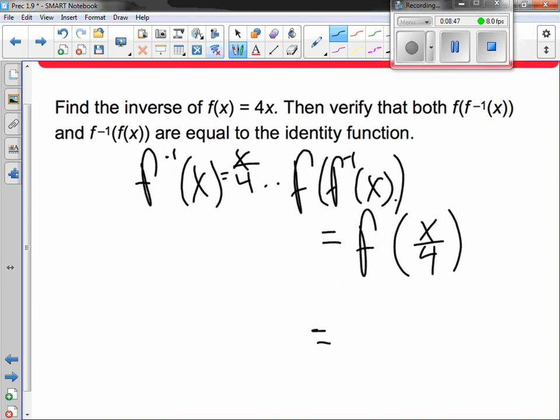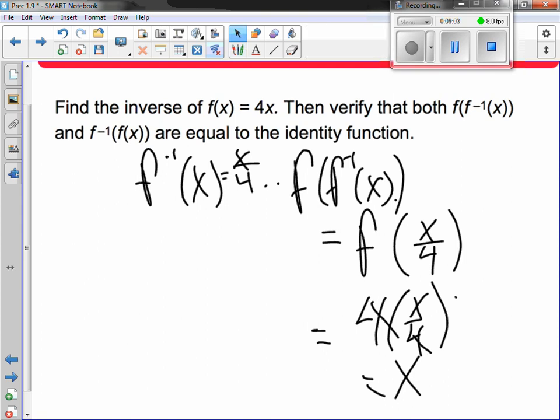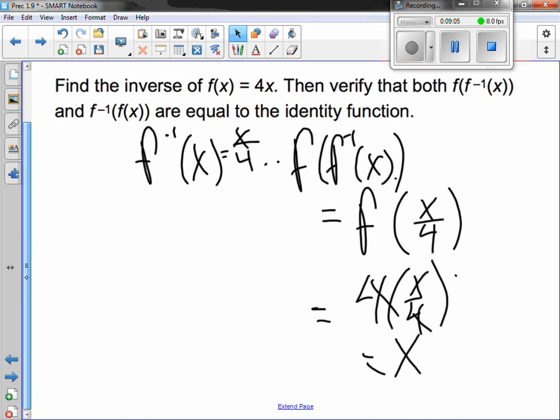So what I'm going to do is replace this x with x over 4. So I have 4 times x over 4, which is x, yes? The 4 and 4 cancel and we get x. So that worked out exactly like I wanted. So f of f inverse of x is x. Okay.